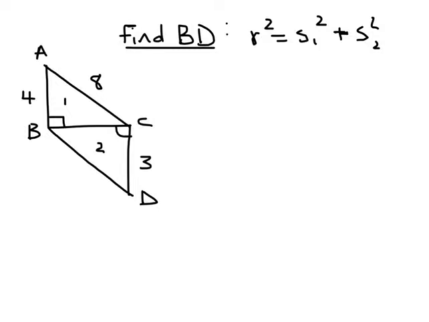Now let's substitute: 8 squared, which equals side 1, you can still say 4 squared is fine, plus side 2 squared. So the question now is, which one is side 2? Side 2 is that BC. So instead of writing side 2, let me just write BC squared.